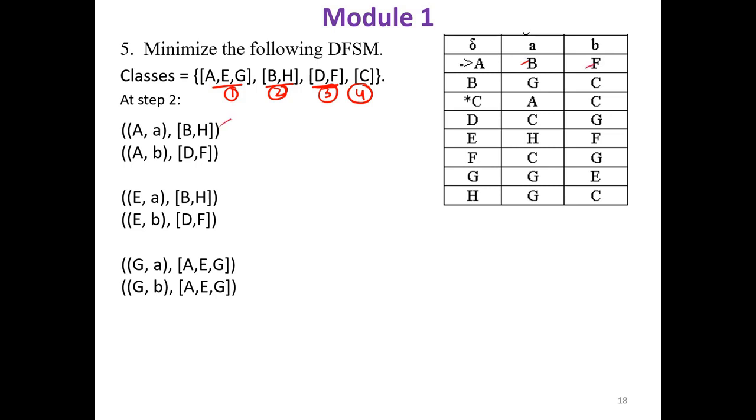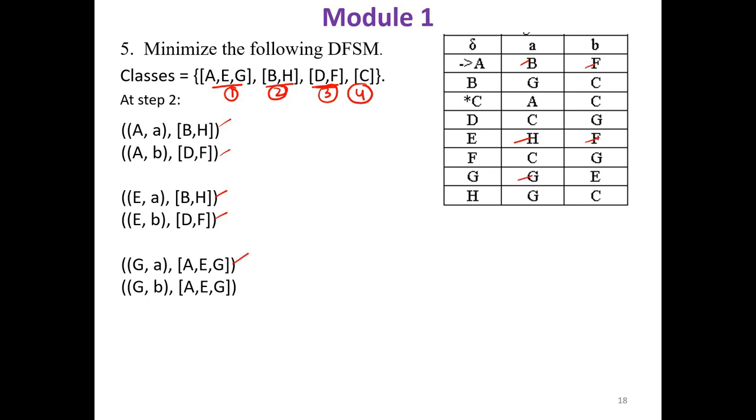AB goes to F. F is in DF class. Similarly, EA goes to H. H is in BH class. EB goes to F. F is in DF class. GA goes to G. G is in AEG class.